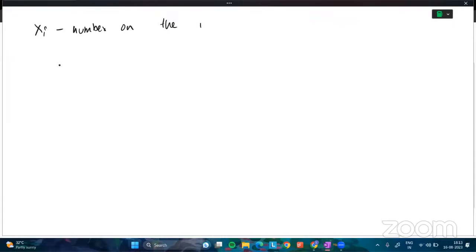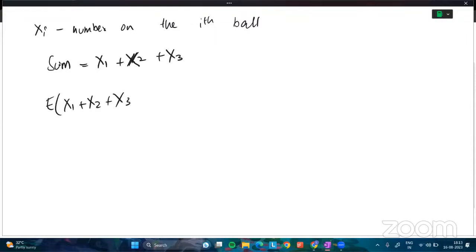If we take xi as the number on the ith ball, then the sum will just be x1 plus x2 plus x3, right? So we have to find the expectation of x1 plus x2 plus x3.